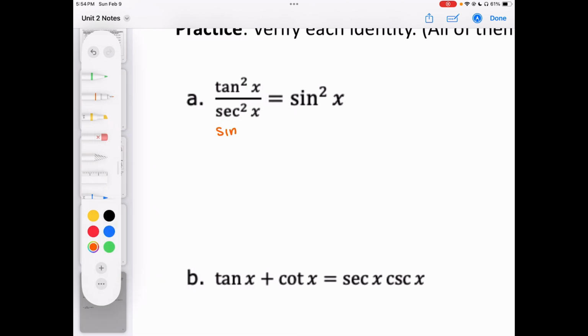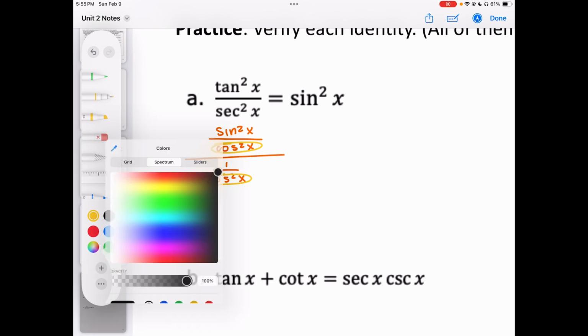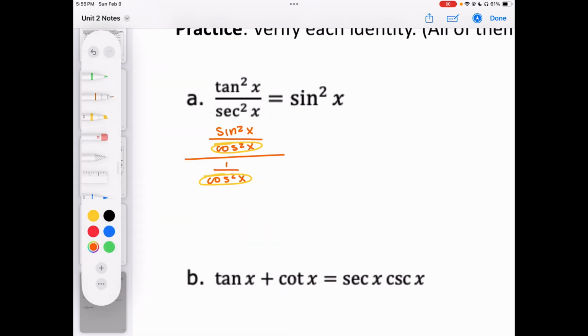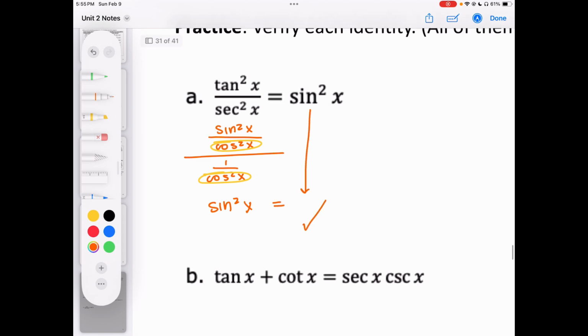We have sine squared x over cosine squared x all over 1 over cosine squared x. From earlier, like I said, the denominators will cancel because they're the same. And so you're immediately going to be left with sine squared x equals what we started with. So yes, that works.